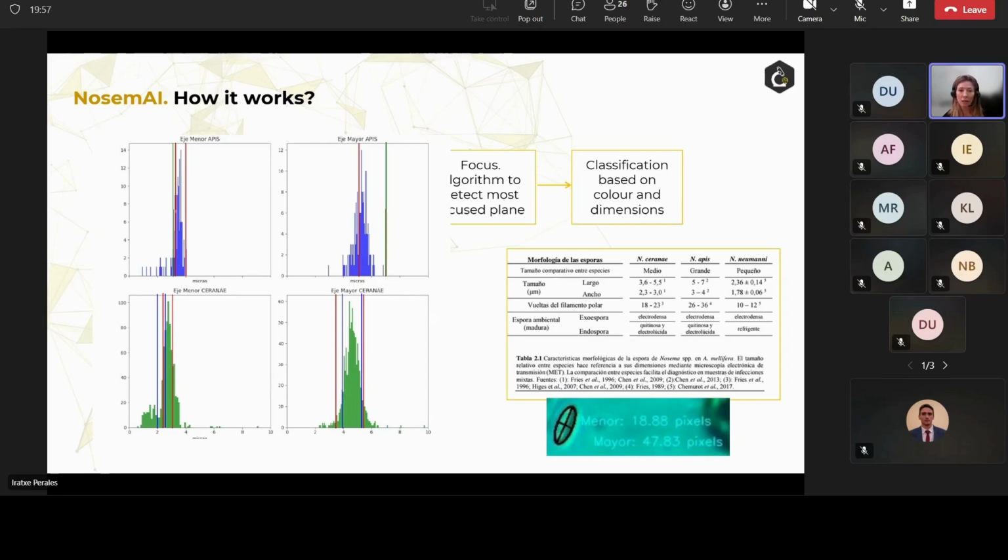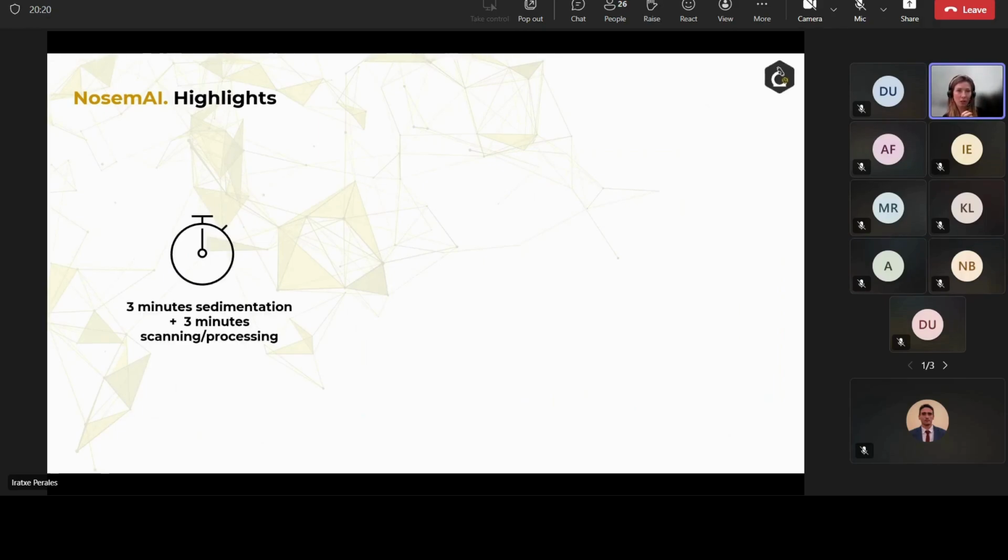Nosema ceranae has already invaded most of the beehives, but in some beehives we can still find a small concentration of apis. So based on the width and the length of the particle, we can tell the user if the concentration is from apis, from ceranae, or both, if it's mixed. So in the dataset, we already did it.